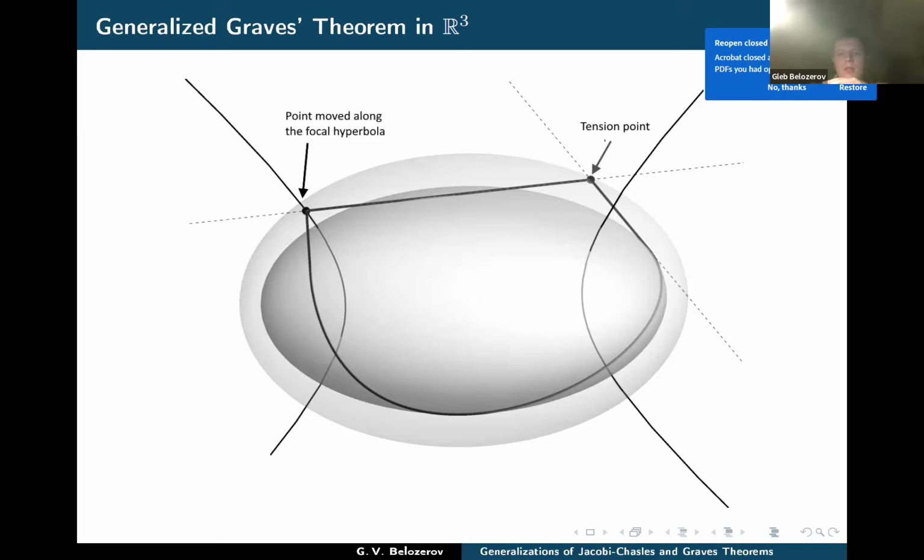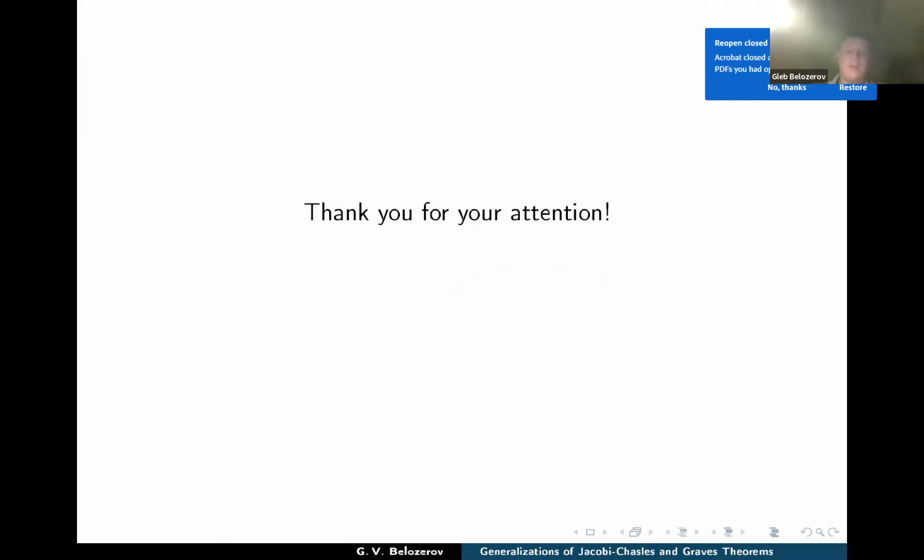So this point will move along some confocal ellipsoid. So this construction is a generalization of the classical Graves theorem. And such a generalization is also true for arbitrary dimension. So that's all, and thank you for your attention. I'm ready to answer your questions.